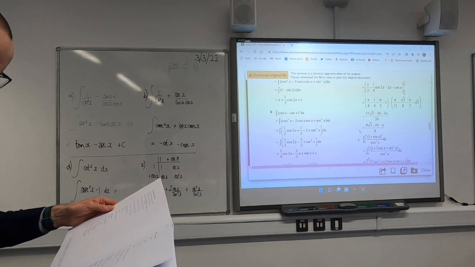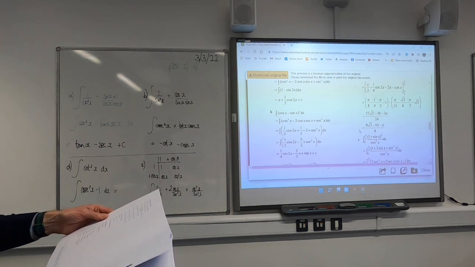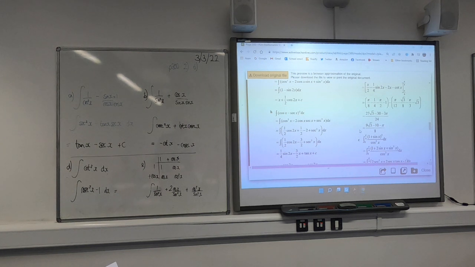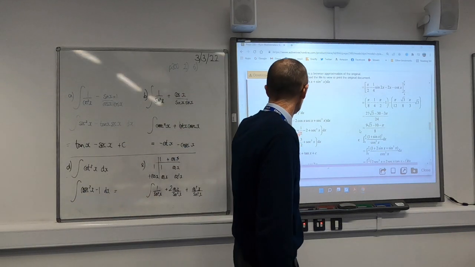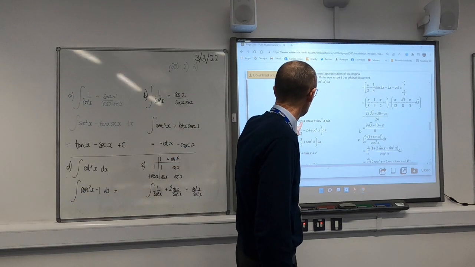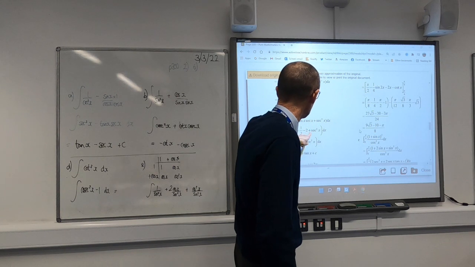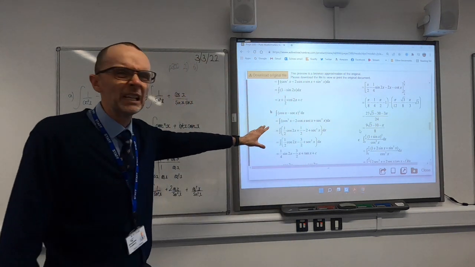And cos x sec x, oh, that's 2, isn't it? Because that's cos and that's 1 over cos, so that just becomes 2. So that's a really fiddly one.